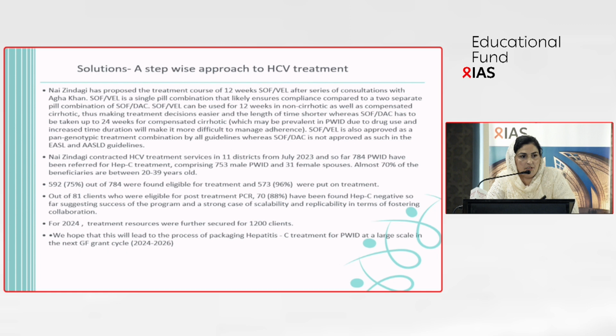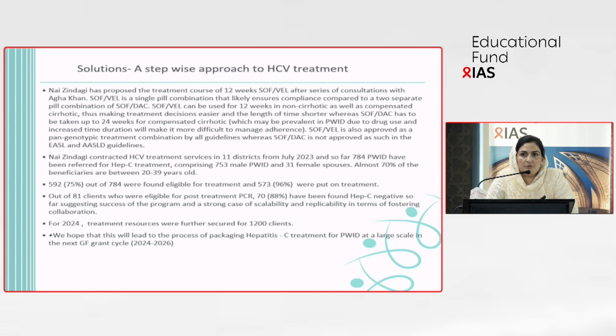Out of these put on treatment, so far 81 clients were eligible for post-treatment PCR, and we had post-treatment PCRs for 70 clients, 88%. And it has been observed that 70 people have been found hepatitis C negative so far, suggesting success of the program and a strong case for scalability and replicability in terms of fostering collaboration.